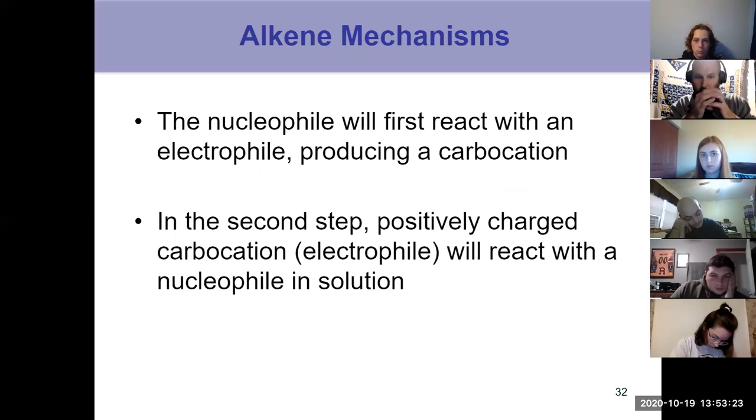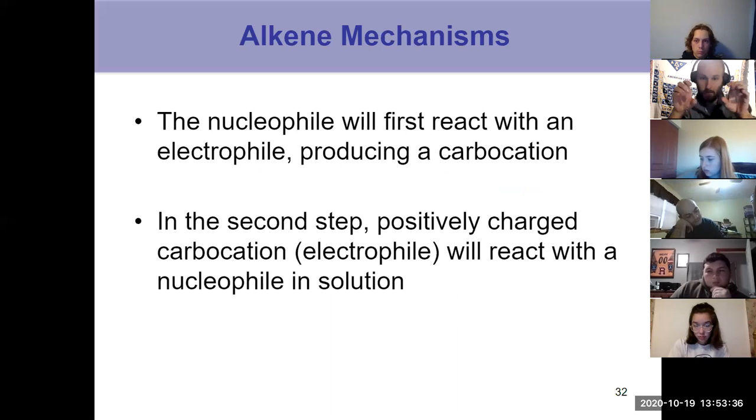That nucleophile, the alkene, reacts with an electrophile and breaks the pi bond. When that pi bond breaks, I form a bond to one of the two carbons that was involved in the pi bond, because that pi bond was going between two carbons. One of them forms a new bond, but one of them lost its pi bond and didn't get a new bond.